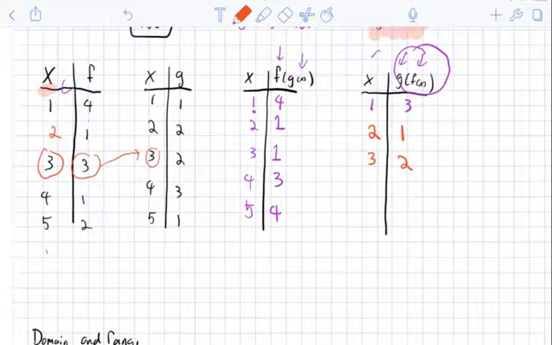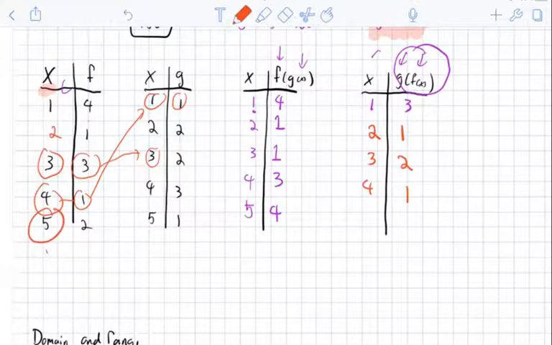Next one, 4, 1, and then you look up 1 in this table. 1, 1. And the last one, 5. The output is 2.